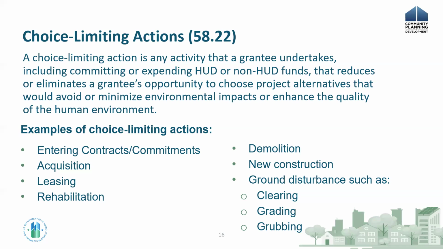Although activities that were committed to under a pre-nexus contract are technically allowed, physical actions taken after the nexus may prevent a satisfactory environmental review, which would also prevent you from being able to draw down grant funds. So all activities performed after that federal nexus are subject to a satisfactory environmental review in order for the project to be eligible for repayment.